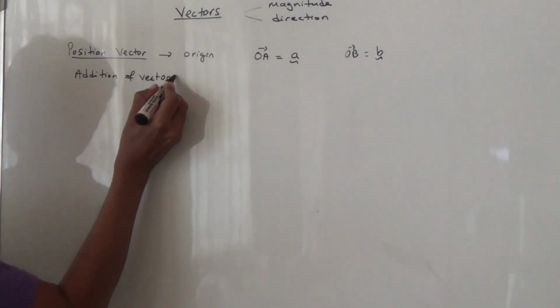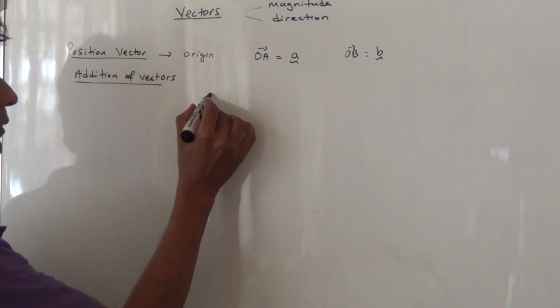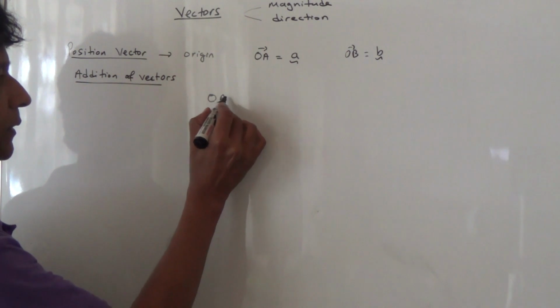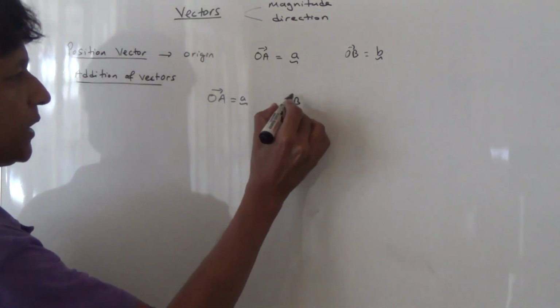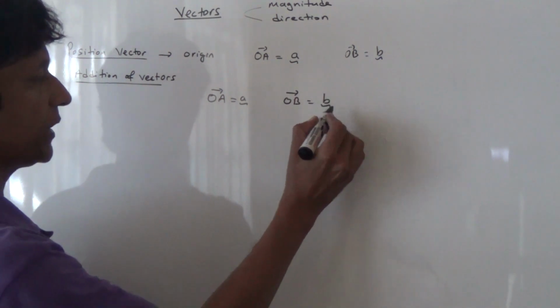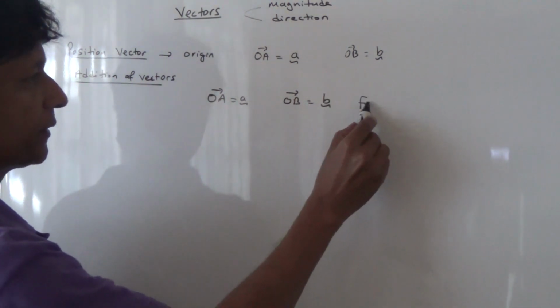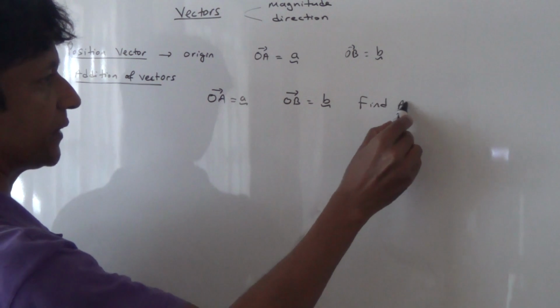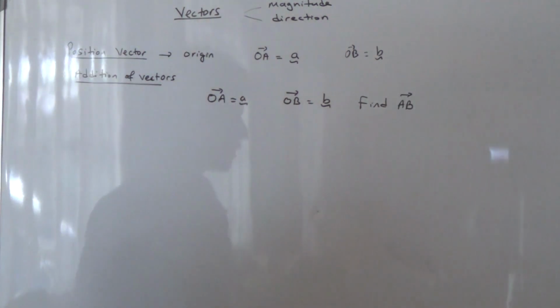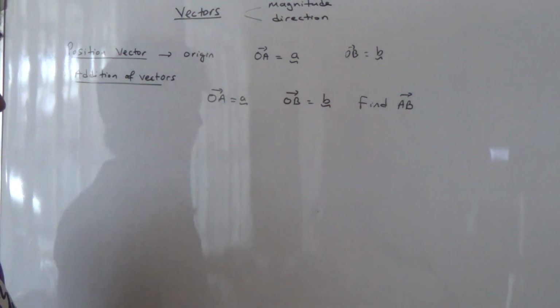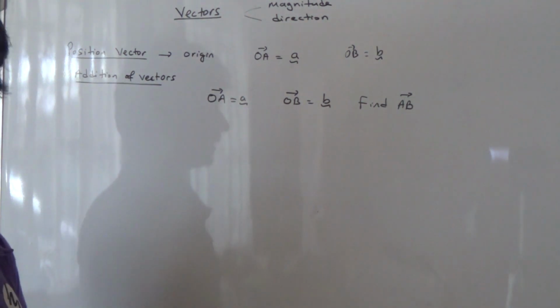Let's say, for example, I give you a vector OA is equal to vector A and vector OB is equal to vector B, and I tell you to find the vector AB. One of the best ways to do this is to illustrate the data on a diagram.